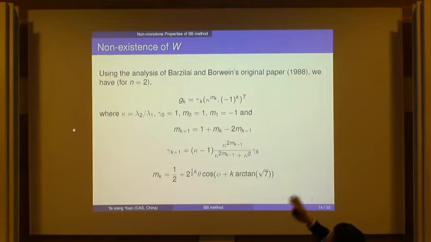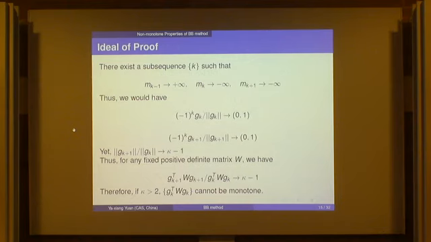After our analysis of the original BB method, based on a technique similar to that of Barzilai-Borwein, studying the function value in the very simple case with n equal to 2, we prove that for any positive definite matrix W defining this norm, it is impossible to give a monotone result. So we get a negative answer to Paul's question.